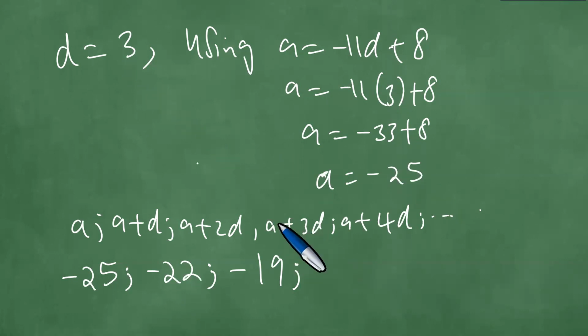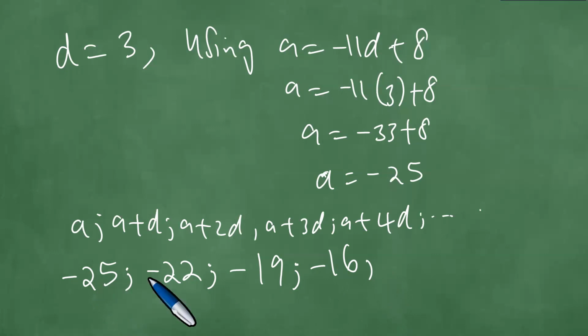3 times d, 3 times 3 is 9, and you get minus 16. Now if you look at the terms, there's just a decrease by 3.